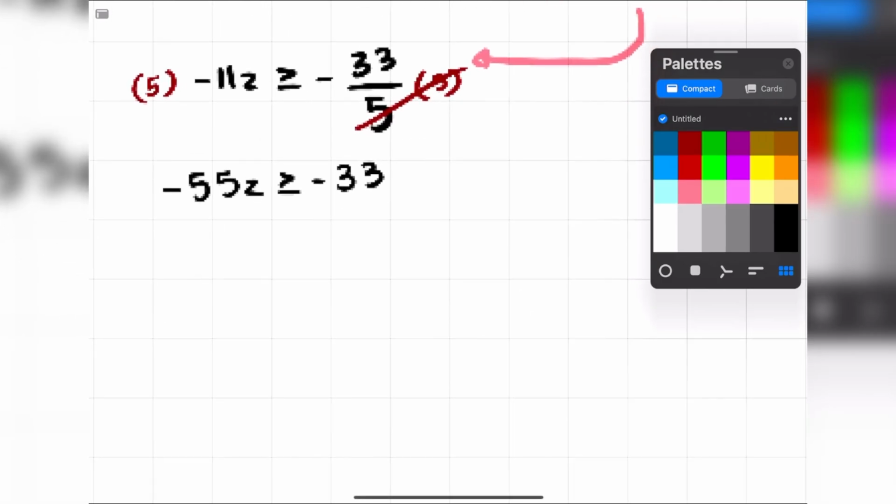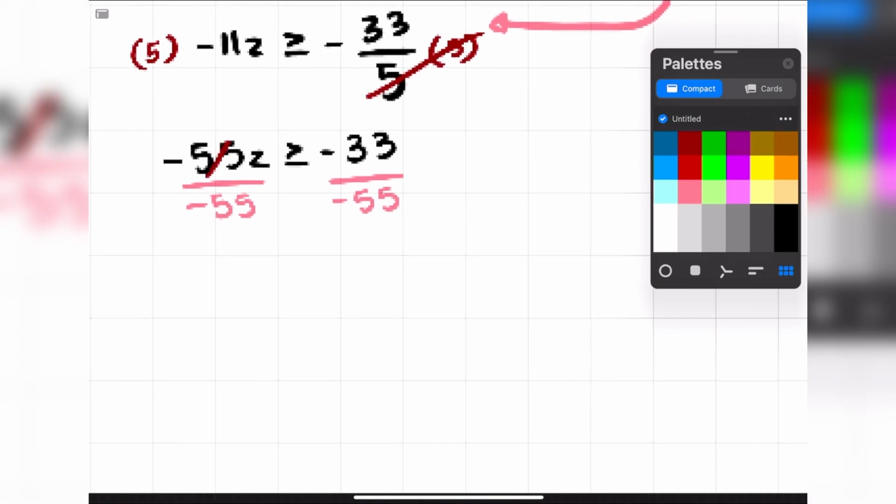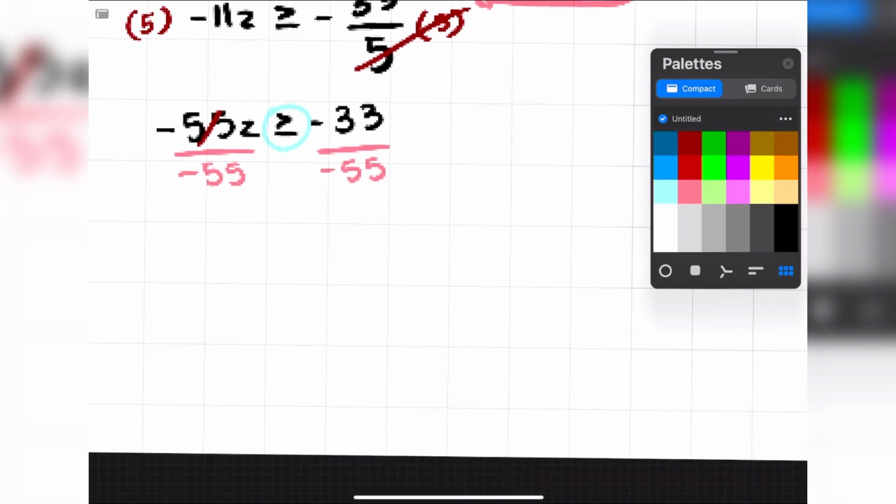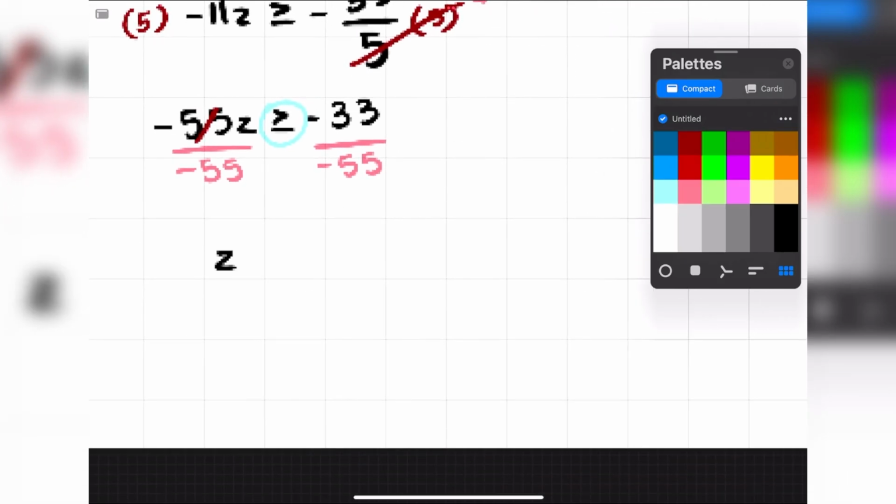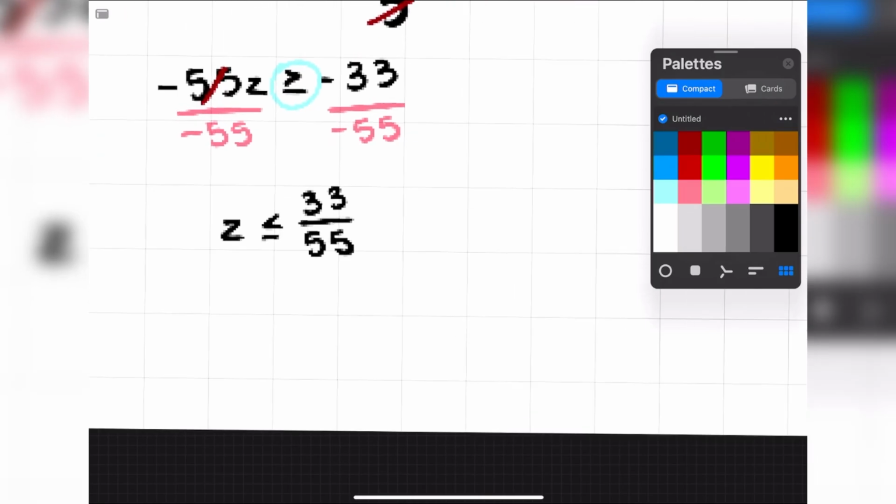Now we can divide the left side by negative 55. So you'd have negative 55 over here. That'll cancel this out, and it'll flip the sign around. That'll leave us with z is less than or equal to 33 over 55. But like the previous time, these numbers are way too big.